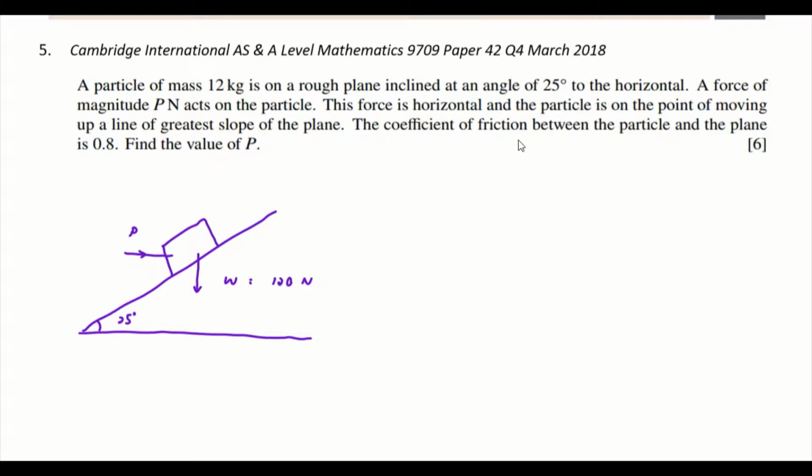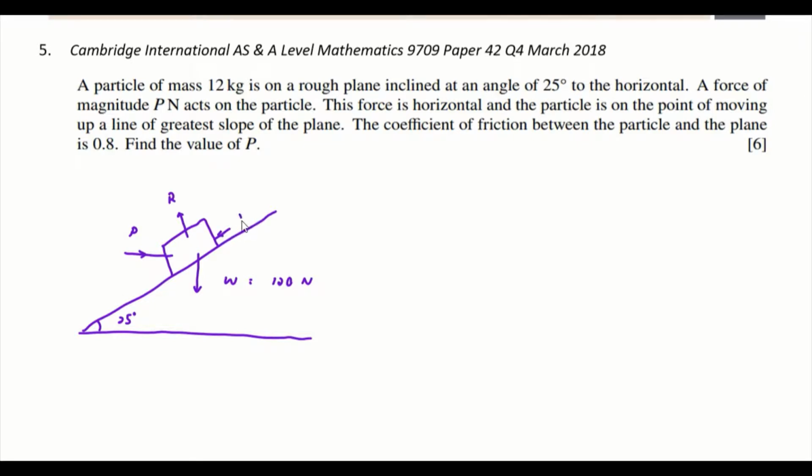Okay, so the coefficient of friction between the particle and the plane is 0.8, and the question wants us to find P. Okay, so let's try to write down all the forces that we have in this question first. So from here, we will have a normal reaction as well, right? It's acting up here. So this is our R. Since the particle is on the point of moving up, the friction will be acting down.